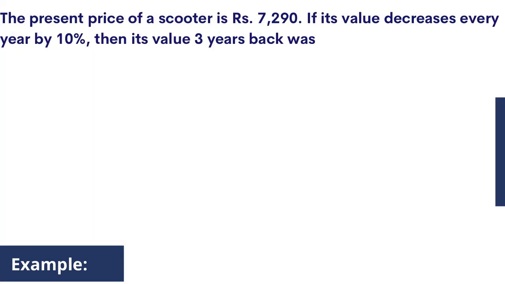This population concept I can use on machines also. Suppose take an example. The present price of a scooter is 7,290. If its value decreases every year by 10%, then its value 3 years back was? So how can I solve without formula? 10% in fraction I can say 1 by 10. So I can say from 10 to 9 every year. Why?